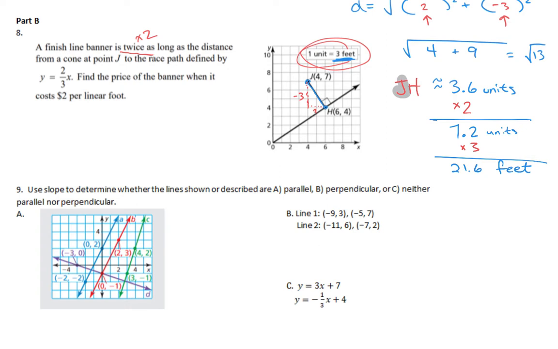And we're not done yet, because here it says that it's going to cost $2 per foot. So I'm going to multiply my amount of feet by that $2, and that's going to be 43.2, and that's dollars. So $43.20.